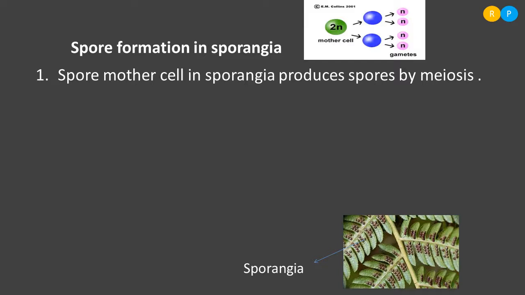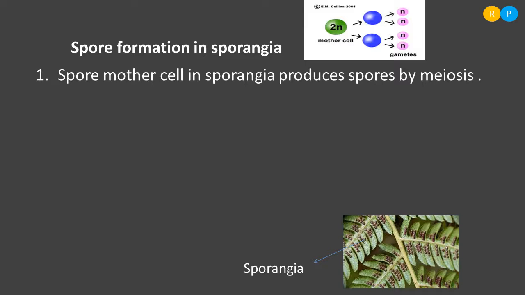That means 2n number of chromosomes are present in the mother cell, so it is called a diploid cell. This spore mother cell, by reductional division, that means by meiosis, finally forms spores. All the spores formed are haploid spores because they carry only half set of chromosomes from the mother cell. You can notice that also in the diagram.